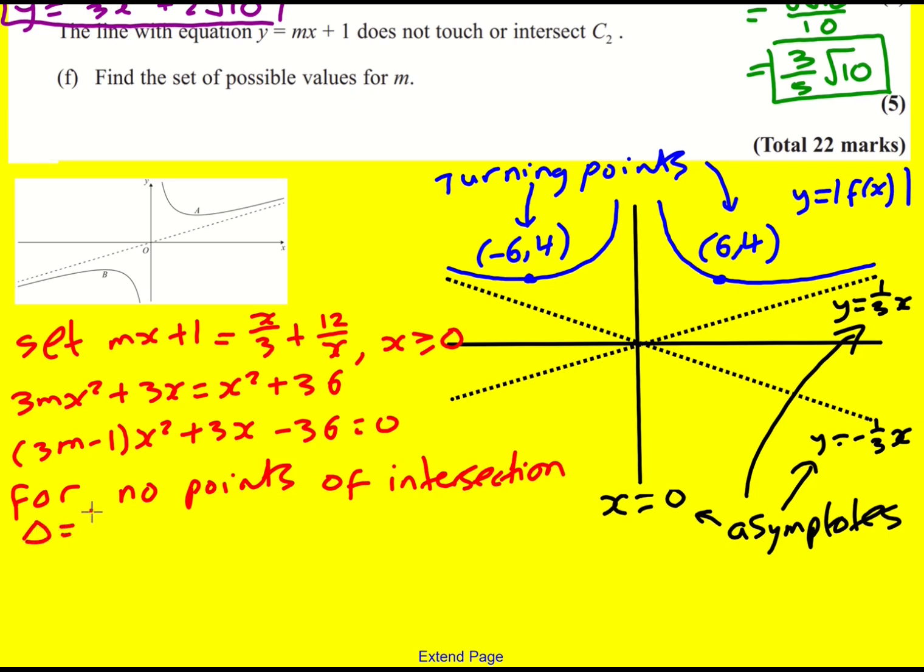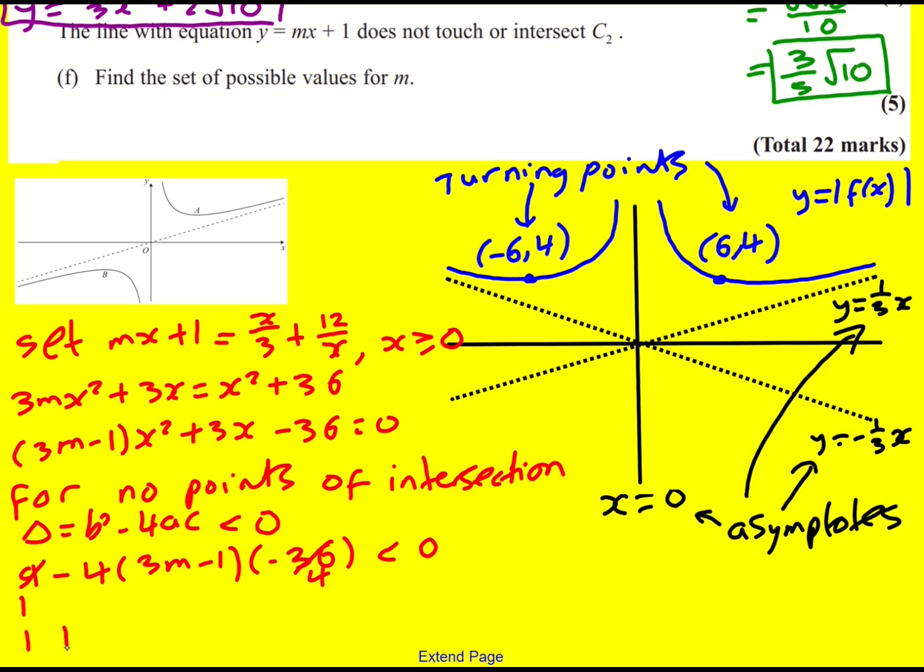The discriminant, which is b squared minus 4ac, is going to be less than 0. And that means 3 squared, or 9, minus 4 times (3m minus 1) times minus 36 will be less than 0. I can divide through by 9 because there's a common factor, to make this 4. So 1 plus 16, because there's a minus 4 times minus 4 here, times (3m minus 1), will be less than 0.